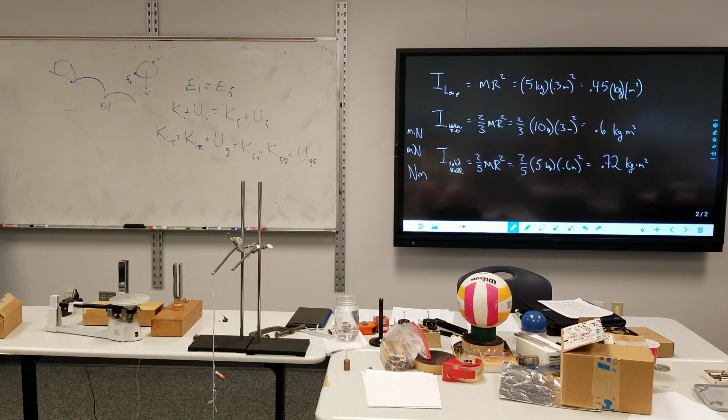And now I've got r omega. What is r omega? v. So r squared omega squared is v squared, yes. So I have gh initial is equal to 1/2 v final squared plus 1/5 v final squared.